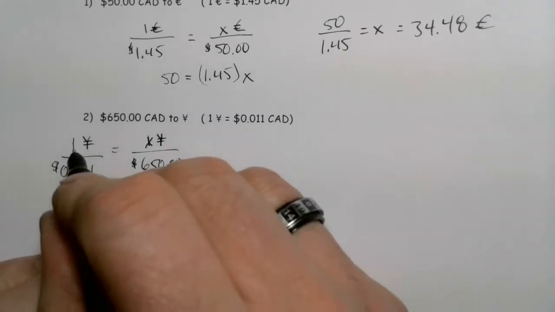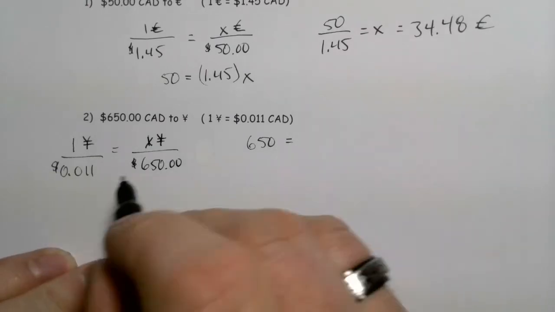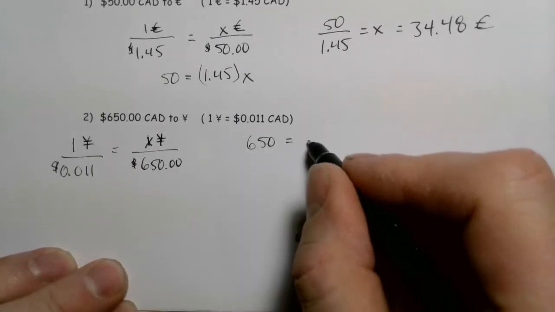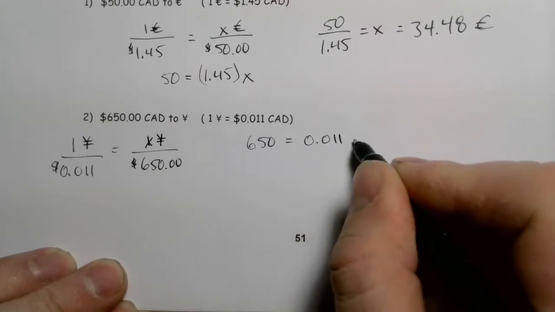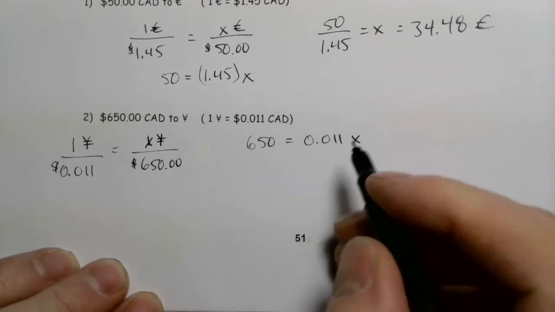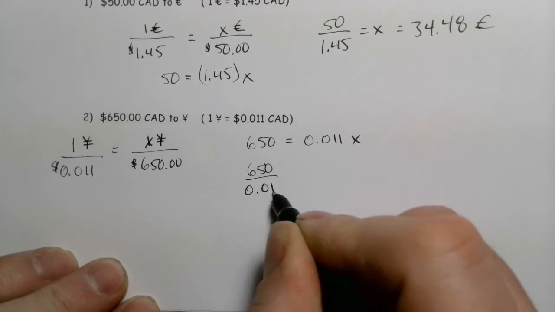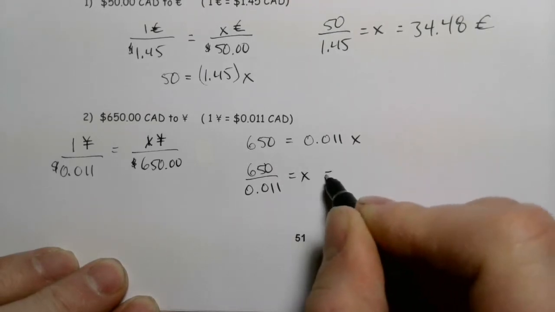So 650 times 1 is going to equal 0.011 multiplied by x. And then remember, my next operation here is going to be to divide by that 0.011. So 650 divided by 0.011 is going to equal my x.